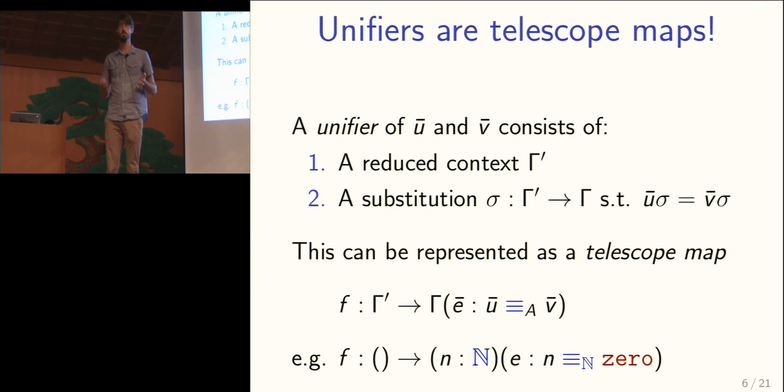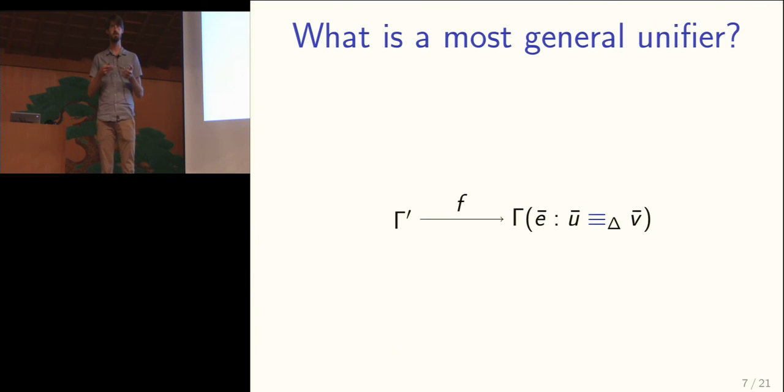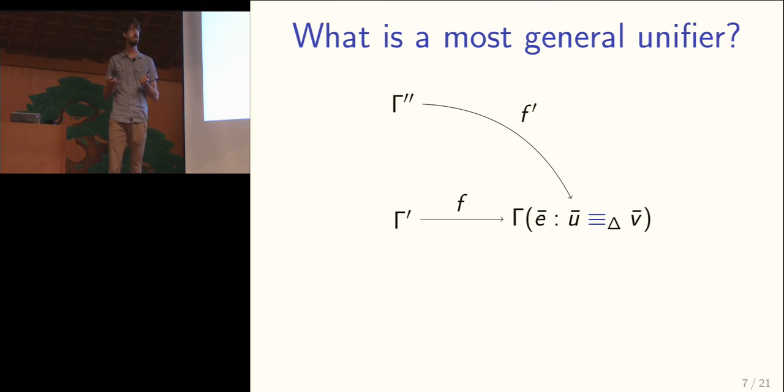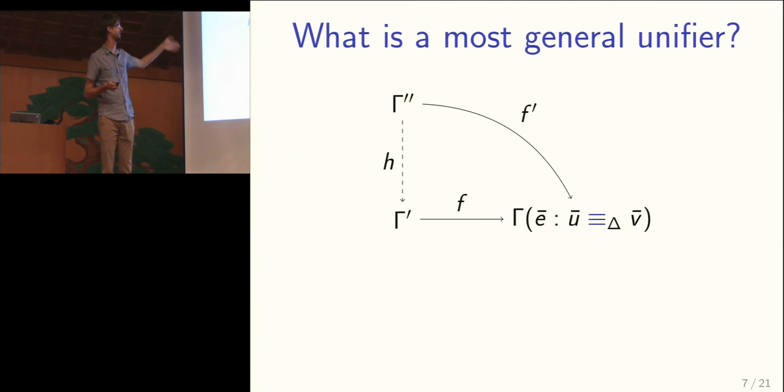Finally, usually a unification algorithm doesn't just look for any unifier, but we want the most general unifier. So what's the most general unifier? It means that if f is a unifier, then it's the most general one if for any other unifier f prime, we can find a function h such that f prime equals f after h, sorry.